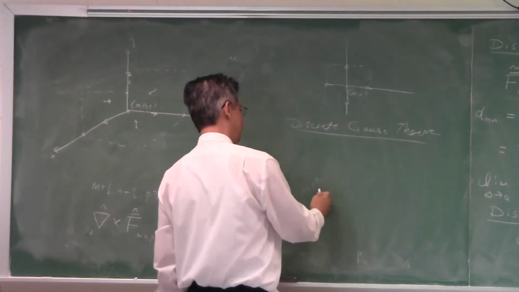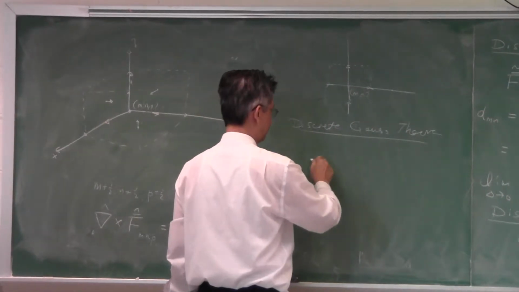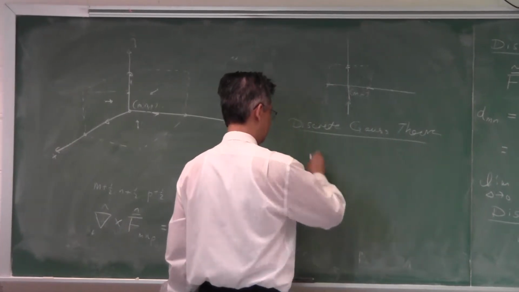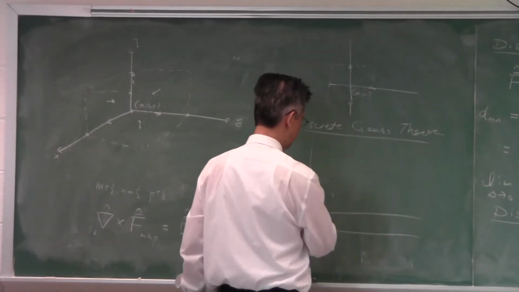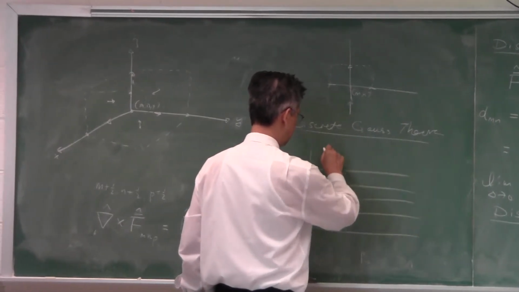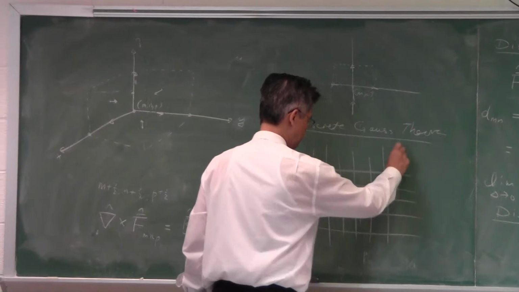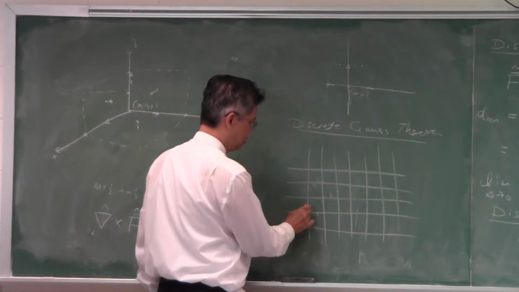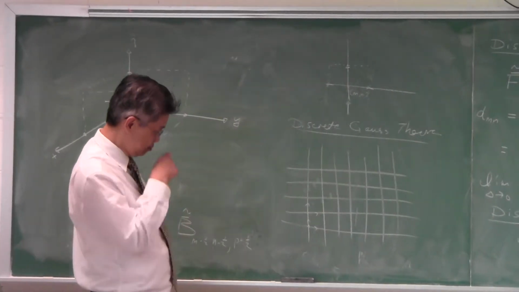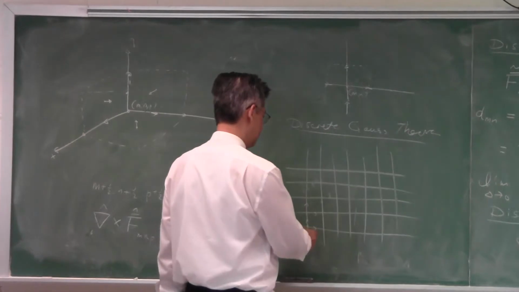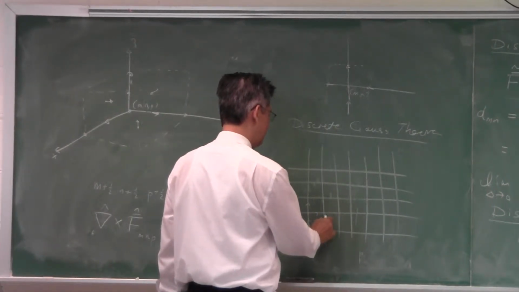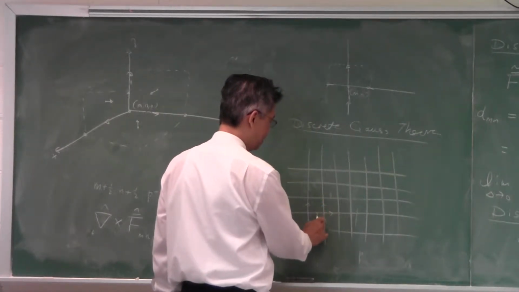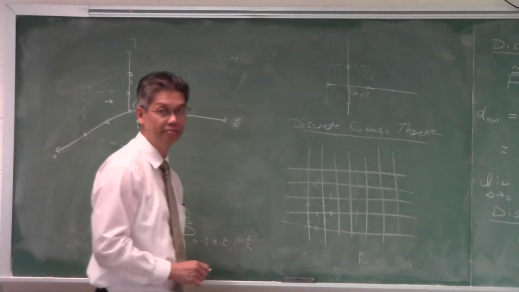So if we have many of these vector fields on the rectilinear grid, say if we draw things in 2 dimensions, then for every point there is a vector associated with that point in 2 dimensions. And it's quite clear that if you take a discrete divergence about any point, it's actually taking this flux and that flux, and subtracting and adding them to see the total flux passing through this box.